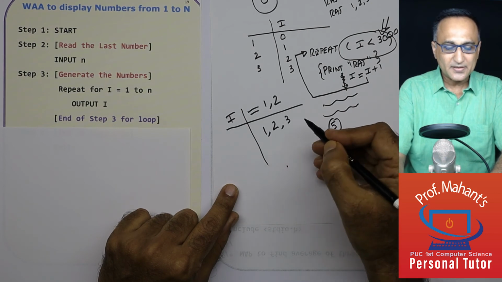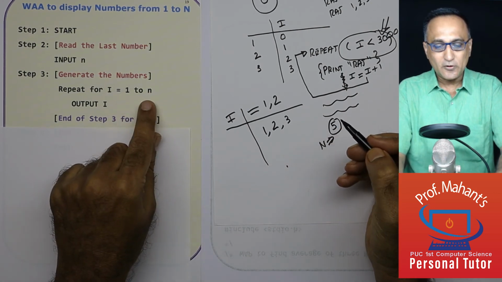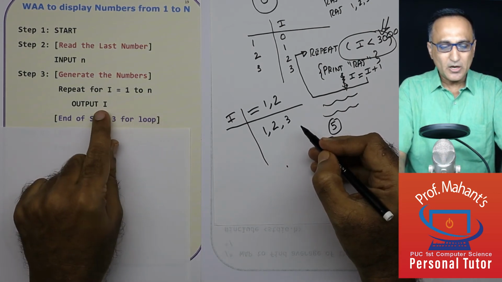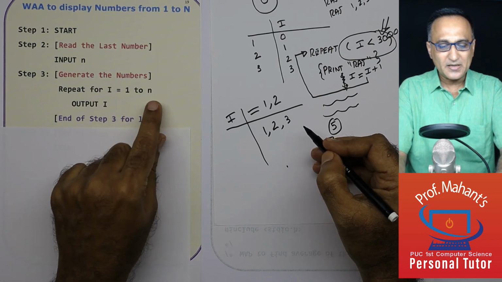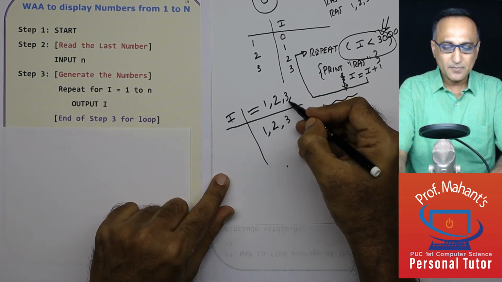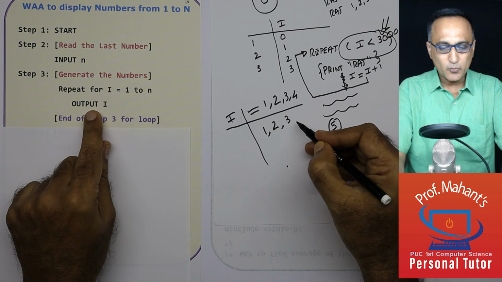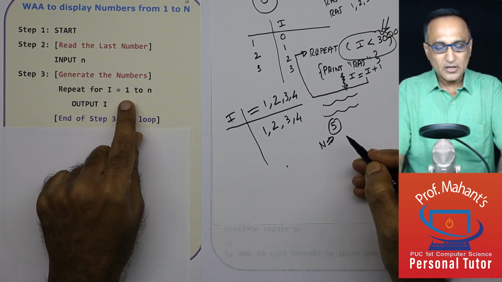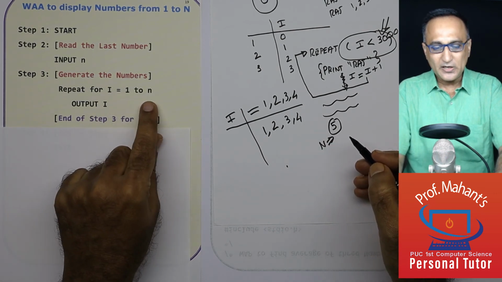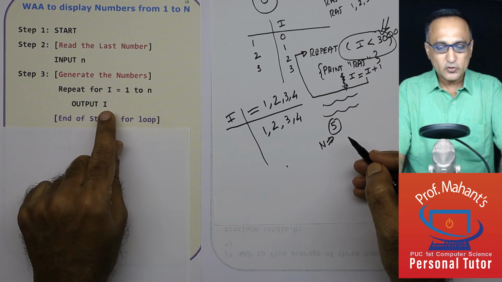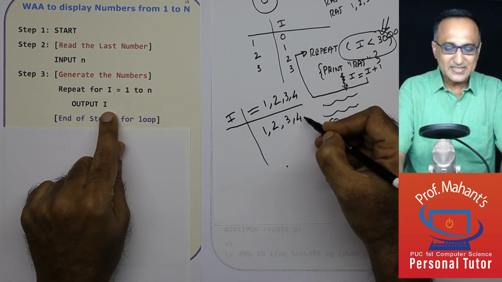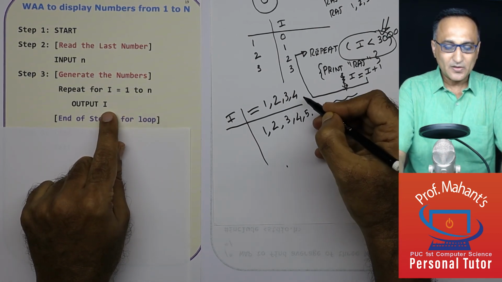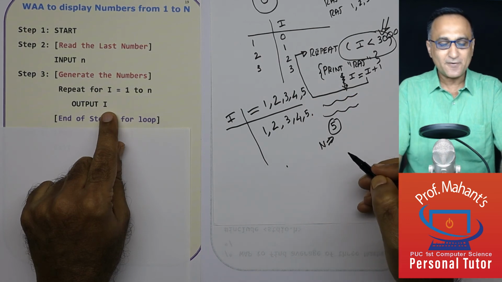It will then print 3. Now you come back here. Now I after printing 3 becomes 4. So when I output I here, it becomes 4. Now is 4 equal to 5? Not yet. So it will come here. It will print 5 here, and I also here becomes 5.